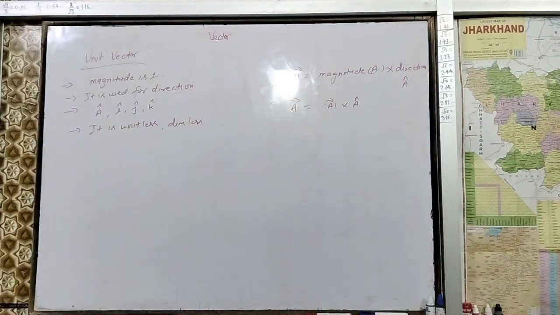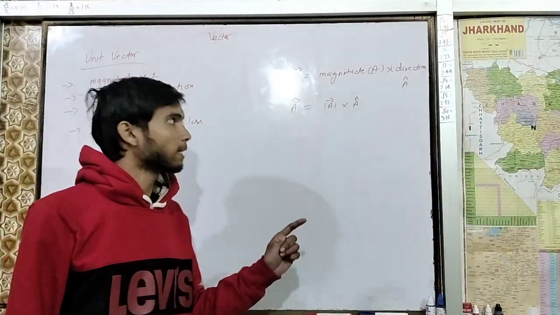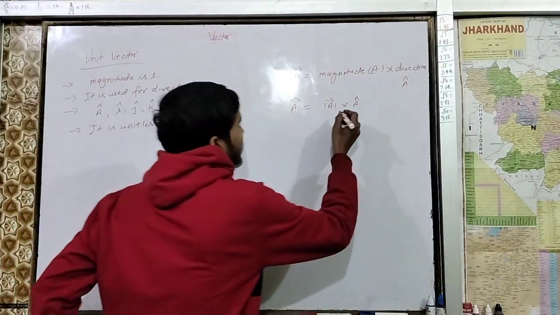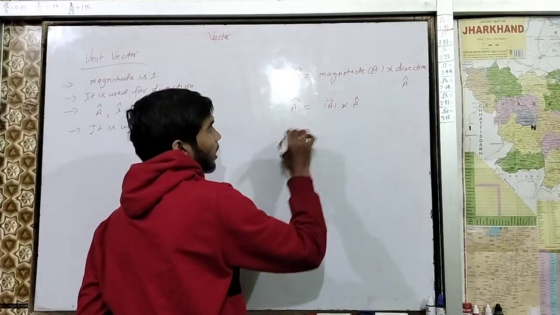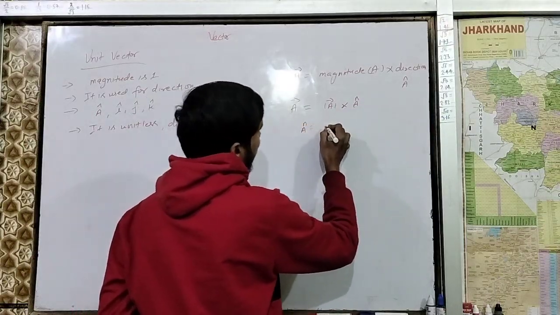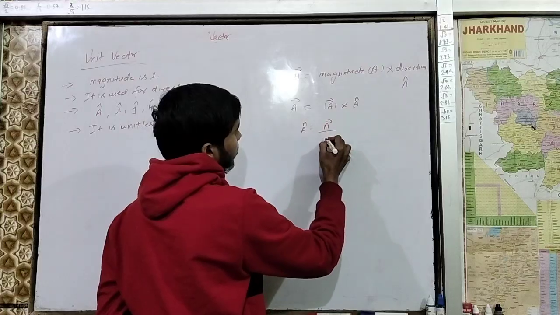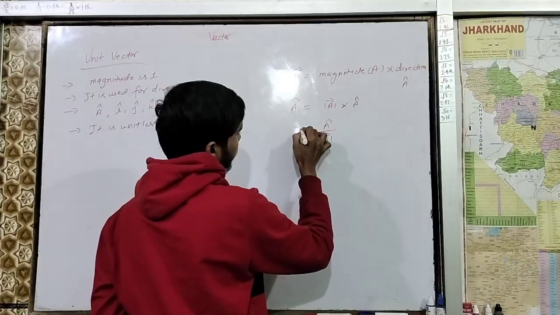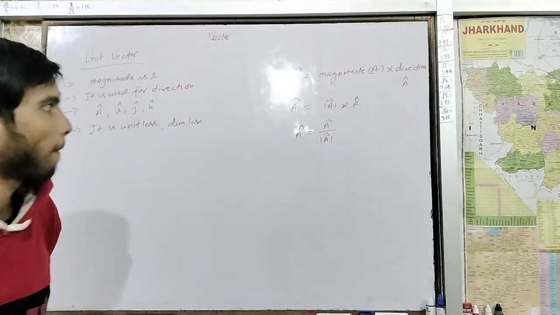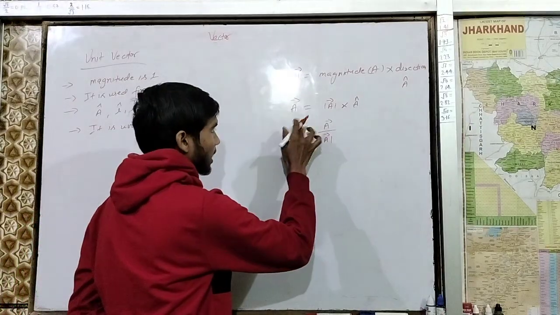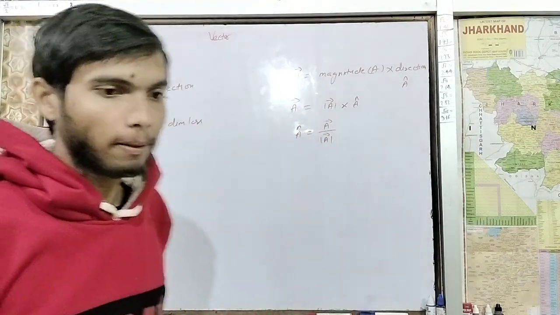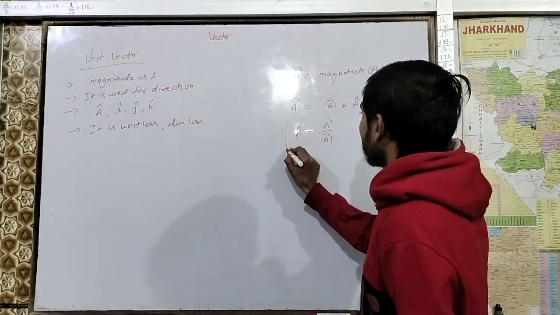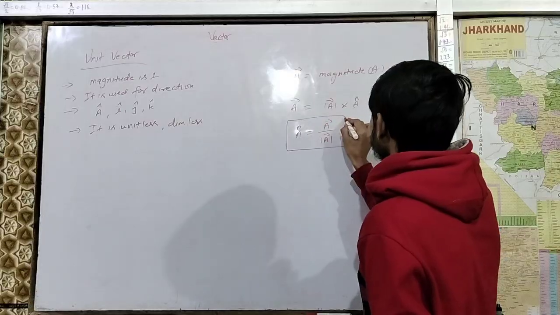Now a lot of questions will say find a unit vector along this axis. So from this we are getting A cap. A cap is equal to vector A upon mod of vector A. So remember, A cap is equal to vector A upon mod of vector A. This is our one equation.